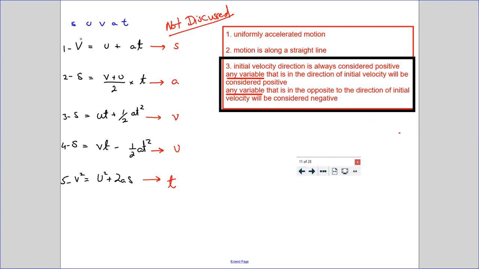It was the first one. So we'll use the first equation. That's the trick to know which equation must be used.